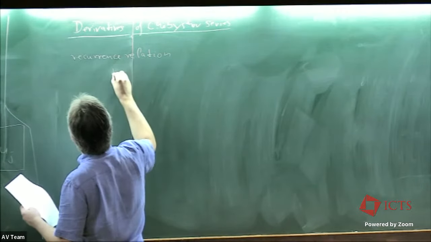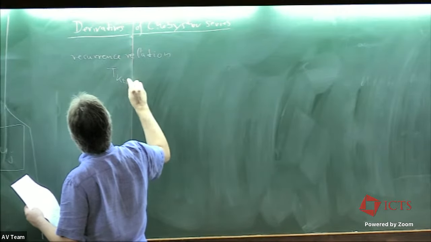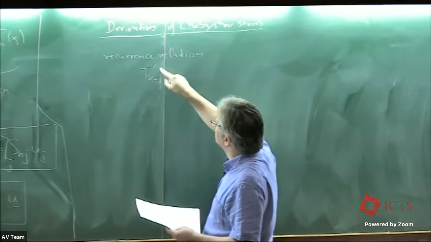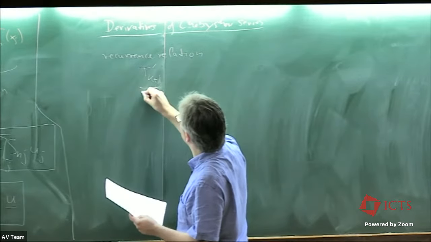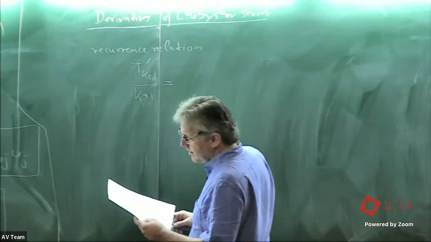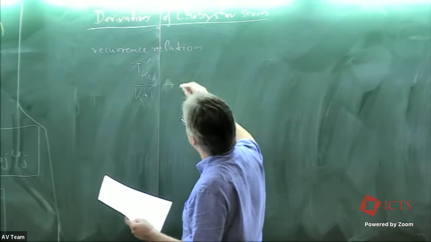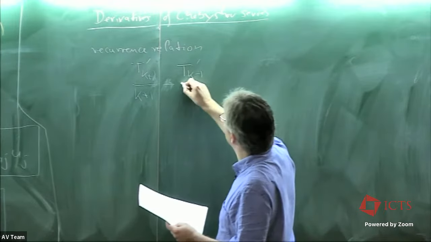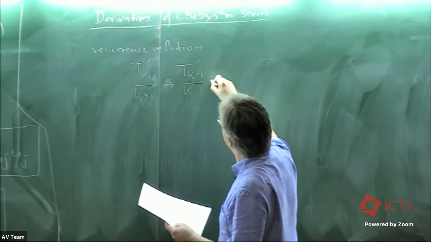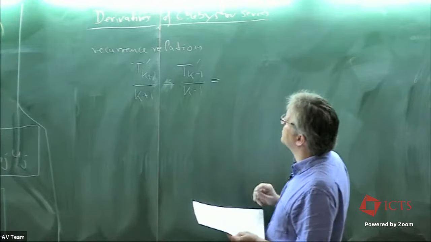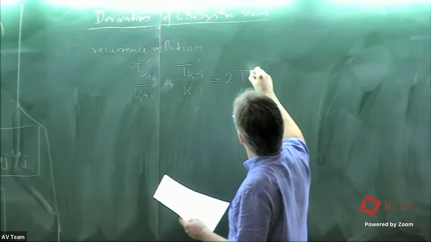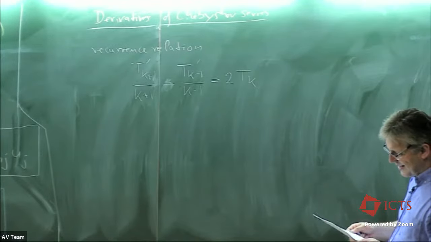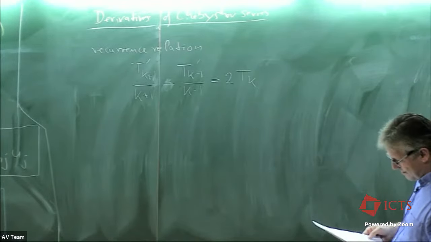So there is a recurrence relation between the derivative of the k plus first Chebyshev polynomial and the derivative of the k minus first Chebyshev polynomial, and it turns out the difference between these two happens to be 2 times T_k.